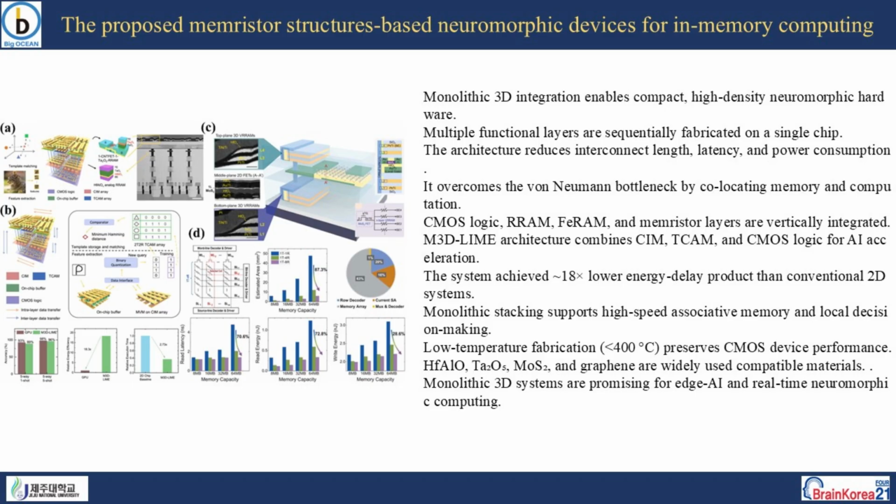And the last one is monolithic 3D integration. This type of memristor enables compact, high density neuromorphic hardware. Also multiple functional layers are sequentially fabricated on a single chip. This architecture reduces interconnect length, latency and power consumption. It overcomes the von Neumann bottleneck by collocating memory and computing.